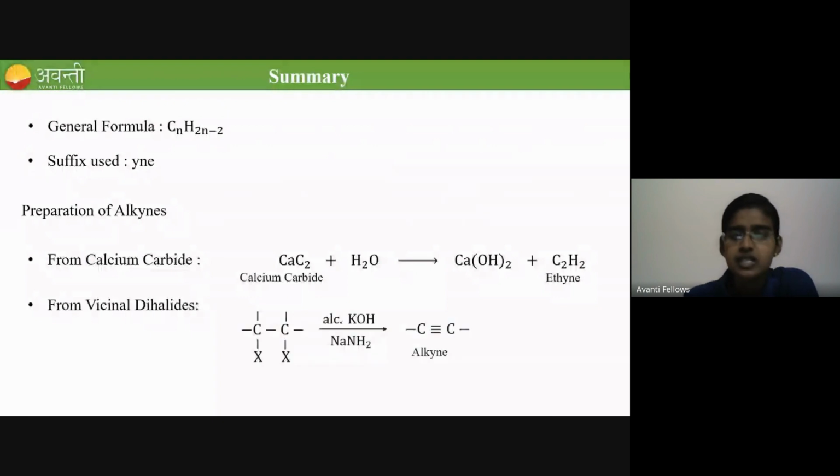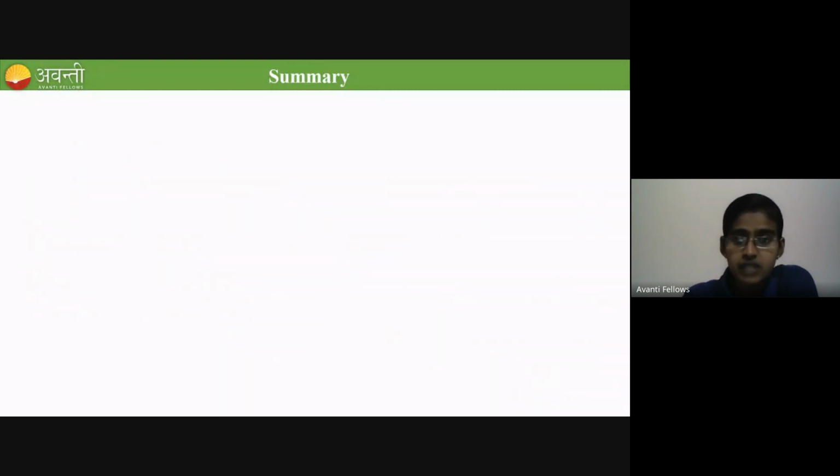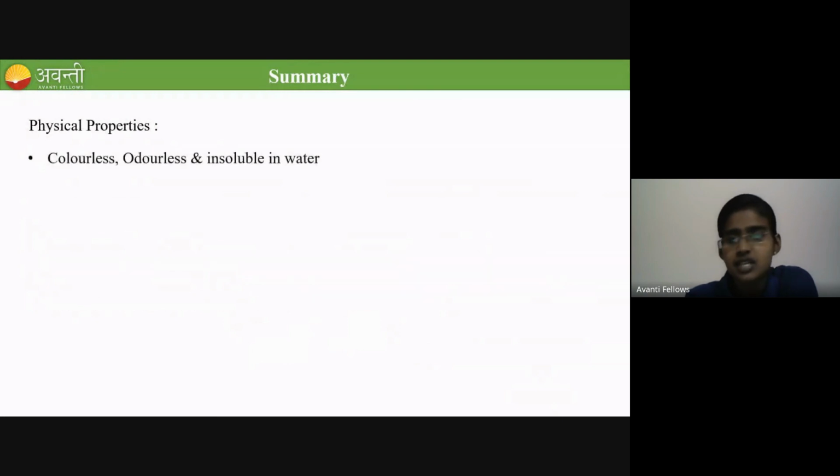And in vicinal dihalide, we used the beta elimination reaction using alcoholic KOH and sodamide. Right. So these 2 preparations we have seen. Both are very, very important. And coming to the physical properties, they are colorless, odorless, and they will not dissolve in water. Right. So they dissolve only in some organic solvents.